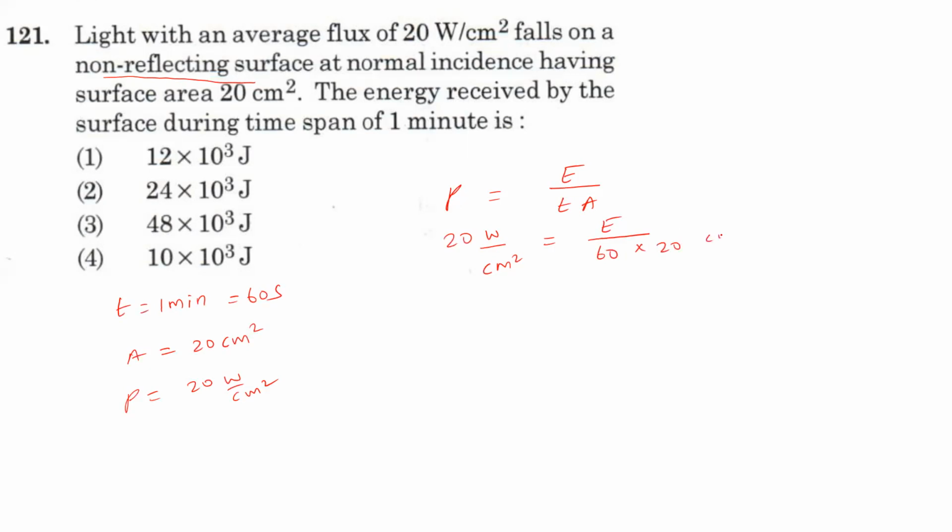Centimeter square cancels. Now E is equal to 20 into 60 into 20. There are 3 zeros, so that is 10 power 3, then 6 into 2 is 12, 12 into 2 is 24. So 24 into 10 power 3, and the energy unit is joule.